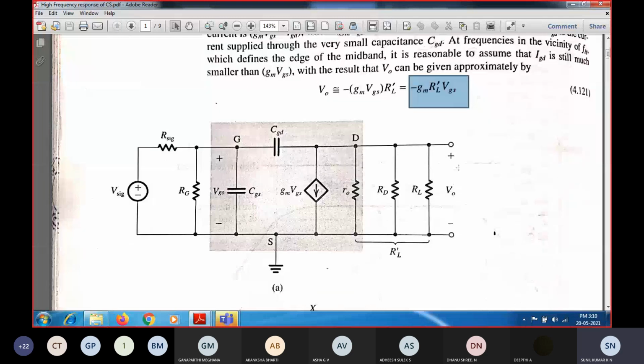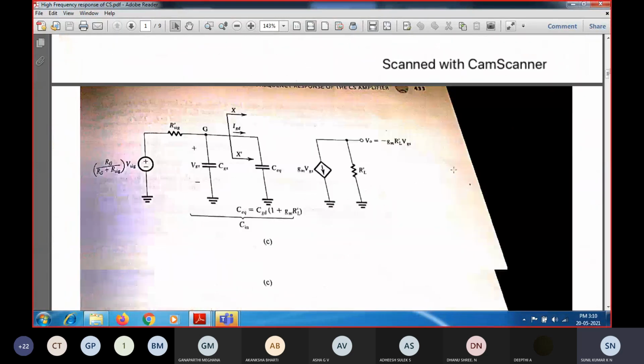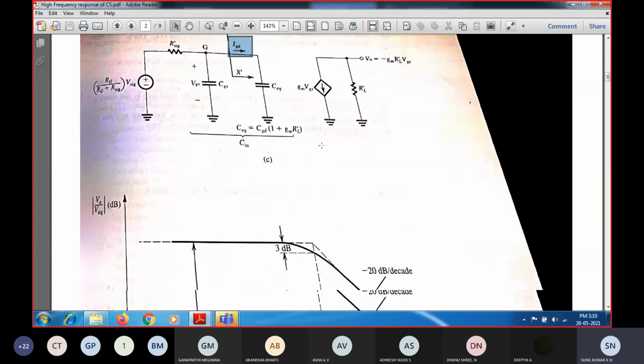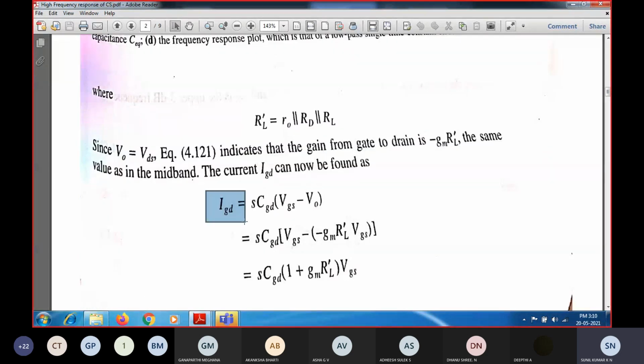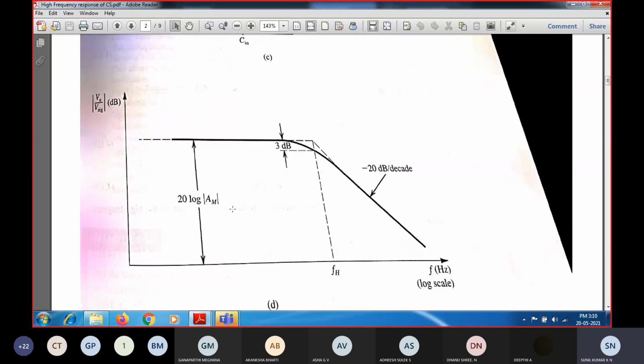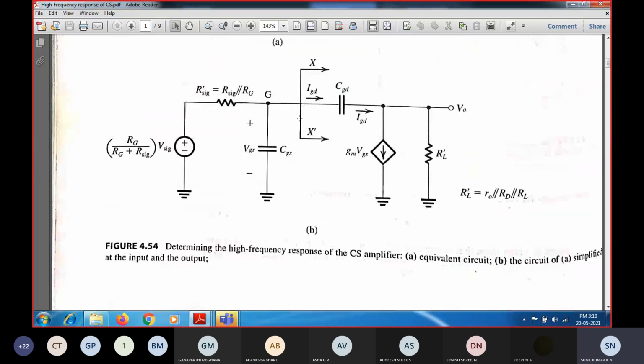Now when we consider the effect, CGD will be replaced by its corresponding equivalent capacitance, which is going to draw the same amount of current. How much will the current be equal to? IGD is flowing between the gate node and the drain node. What is the voltage at the gate node?